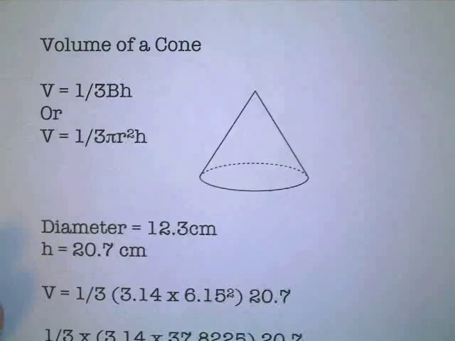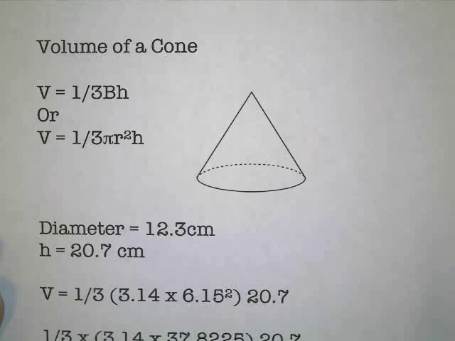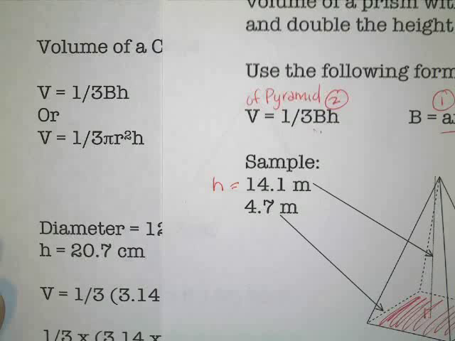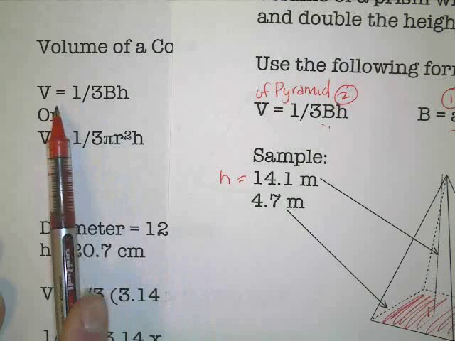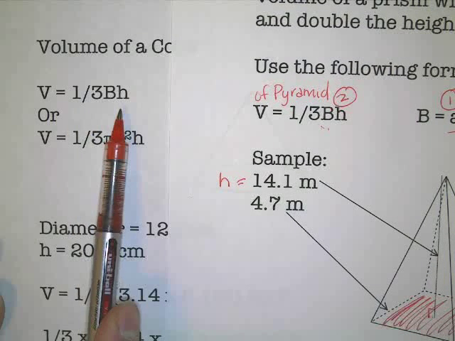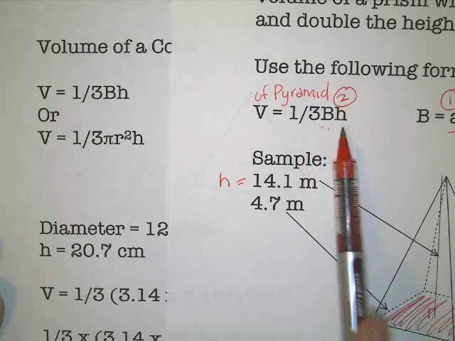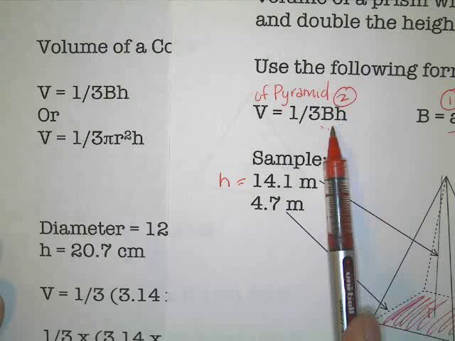Volume of a cone. That looks familiar. Volume of a cone is 1/3 the base times the height. Volume of a pyramid is 1/3 the base times the height. And what is the base equal?